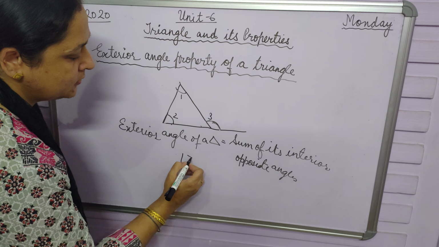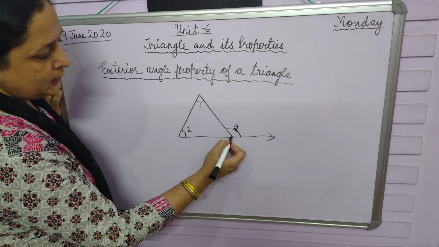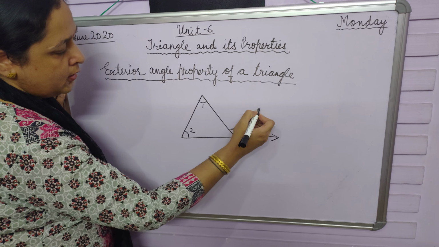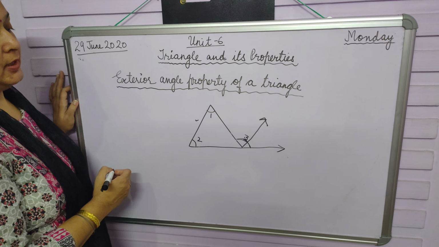Now let us prove how do we get that exterior angle is equal to sum of interior opposite angles. For proving this, we are going to draw a line parallel to this side of the triangle. Let us draw a line parallel to this side.